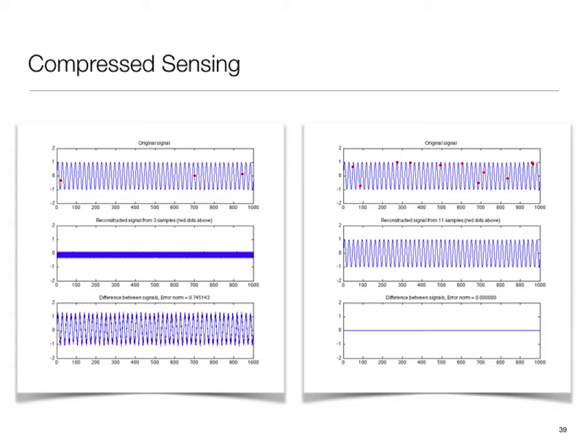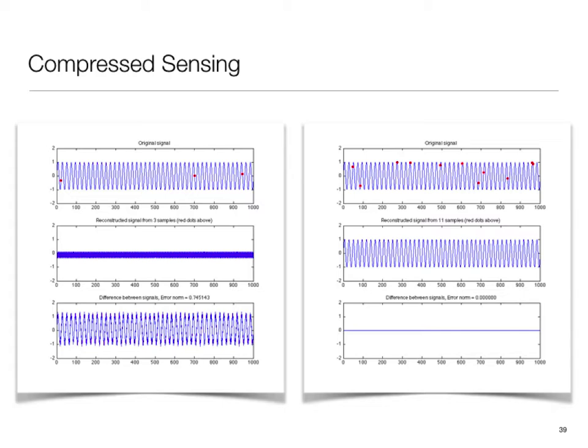Each one of these red dots is indicating that. In this particular case, there are 3 samples, 1, 2, 3, and the reconstructed signal came out to be this, because these measurements have their own error, and they're just too few.